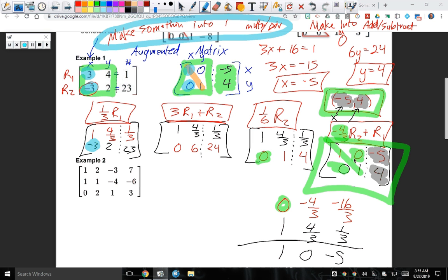The first row, yes. Will it always? It will always try to get those ones and zeros, yes. It's called the identity matrix. And when you finally get it down to the identity matrix, as far as the diagonals of 1 and the zeros around, that last column as it sits is your answer.